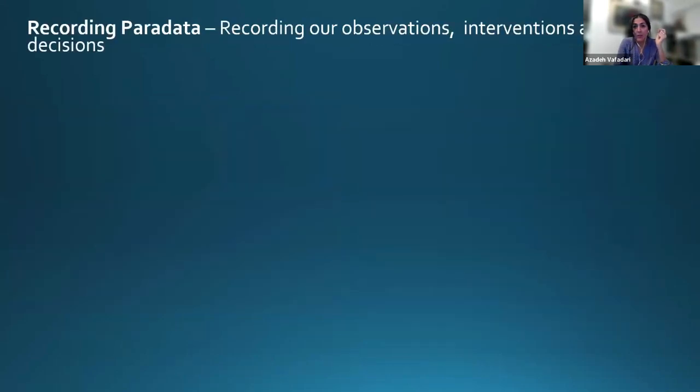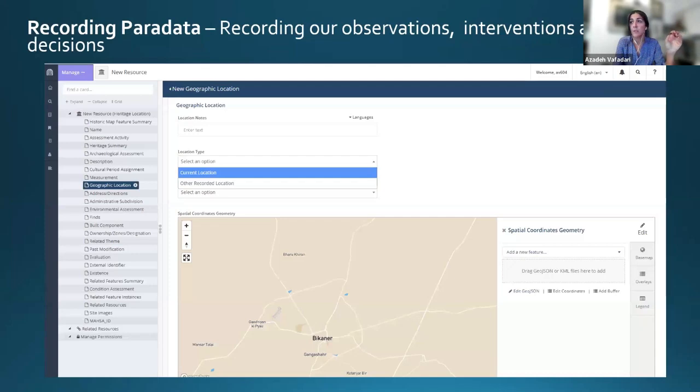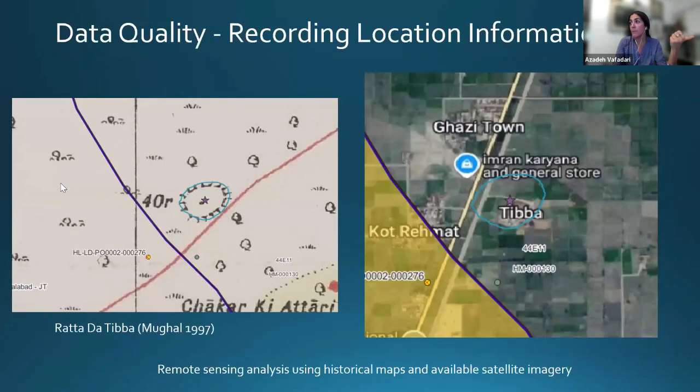But in doing this, we don't want to lose the information from the publication. So what we're doing with our work is recording this process of thinking or data processing, recording the paradata for our recording stage. For the example that I showed you, the mound here is the more precise location for my Ratadatiba site.